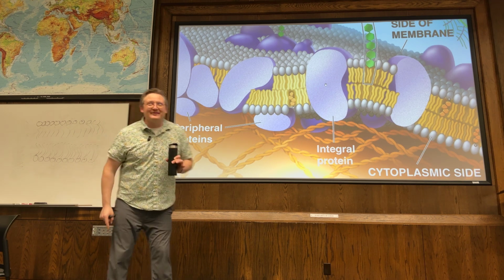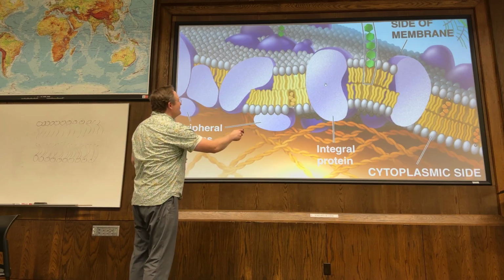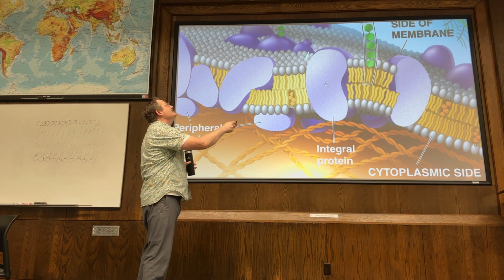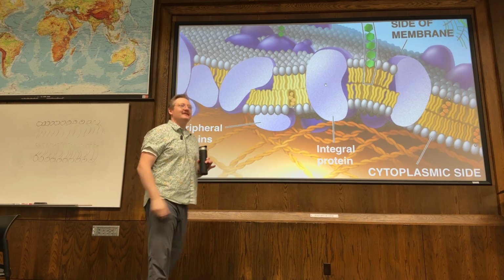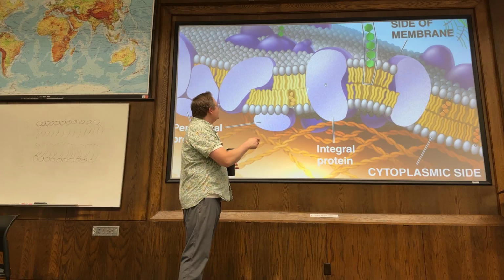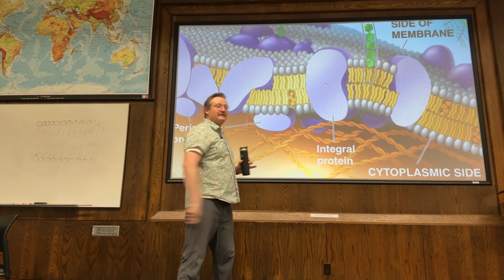And if it's a transmembrane protein, once again, this region must be hydrophobic, and these two regions, here and here, must be hydrophilic. Otherwise, the whole protein would just fall into the hydrophobic region.